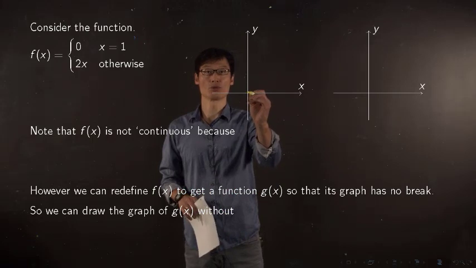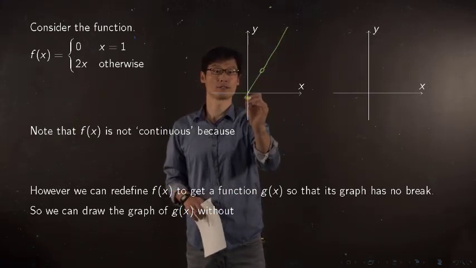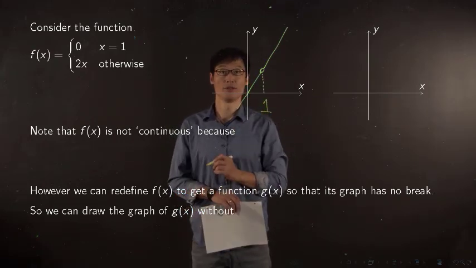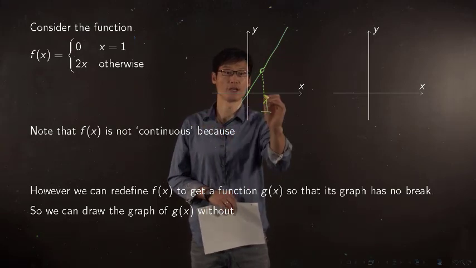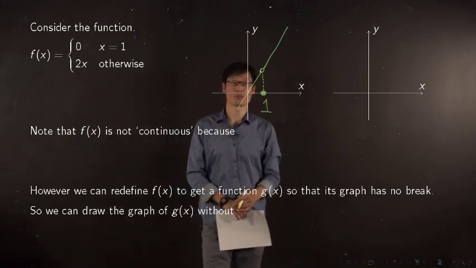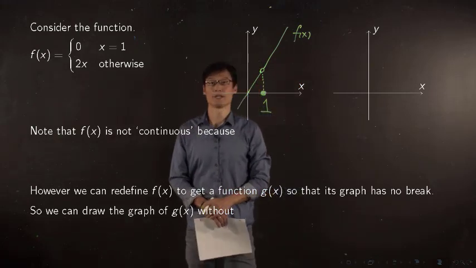So it's almost 2x, like this. When your x value is 1, the function has value 0. So the graph of f looks like this. Okay.